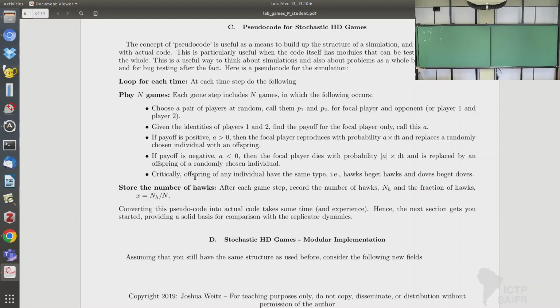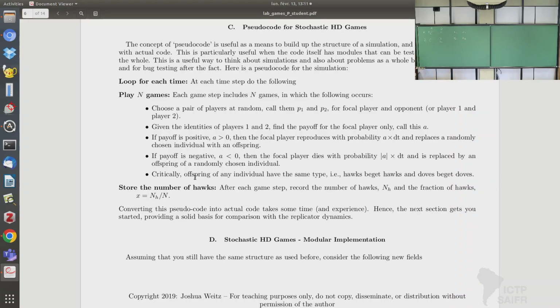Now, each of these entries, PHH is the payoff that a hawk gains against playing a hawk. PHD is the payoff that a hawk gains against a dove. And then you have PDH and PDD, okay? This is the structure of this matrix.